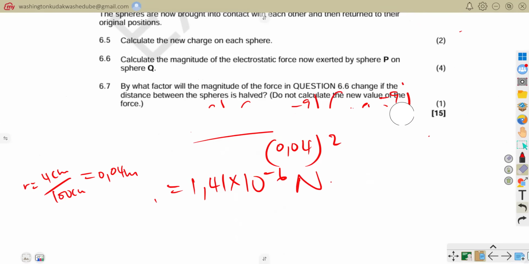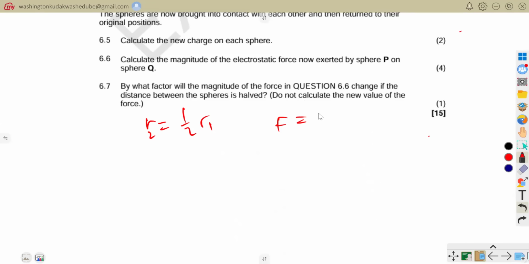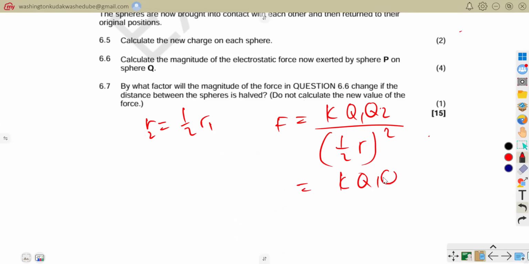Now they are saying do not use any calculations. We know that F is equal to K, Q1, Q2. Nothing is changing on top. Below there, we are now having half of that. So this would be K, Q1, Q2 all over 1 over 4 r squared. So if you invert, you would have 4 times the original force.